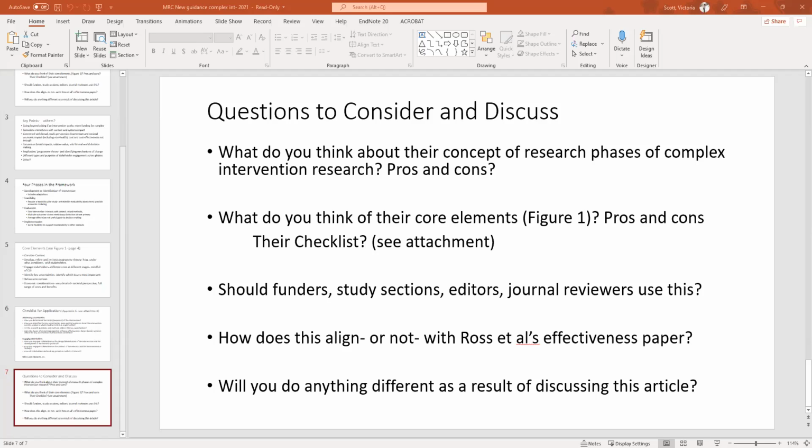Yeah. But is that kind of apparent in the feasibility box? I don't know, because it seems like this group is saying that you should always include feasibility. And then they actually say refine intervention under the core elements.